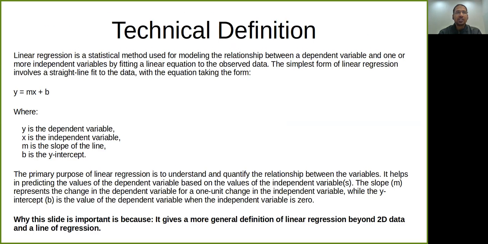Now, the technical definition states that linear regression is a statistical method used for modeling the relationship between a dependent variable and one or more independent variables by fitting a linear equation to the observed data. Why this slide is important is because it gives a more general definition of linear regression beyond 2D data and a line of regression.